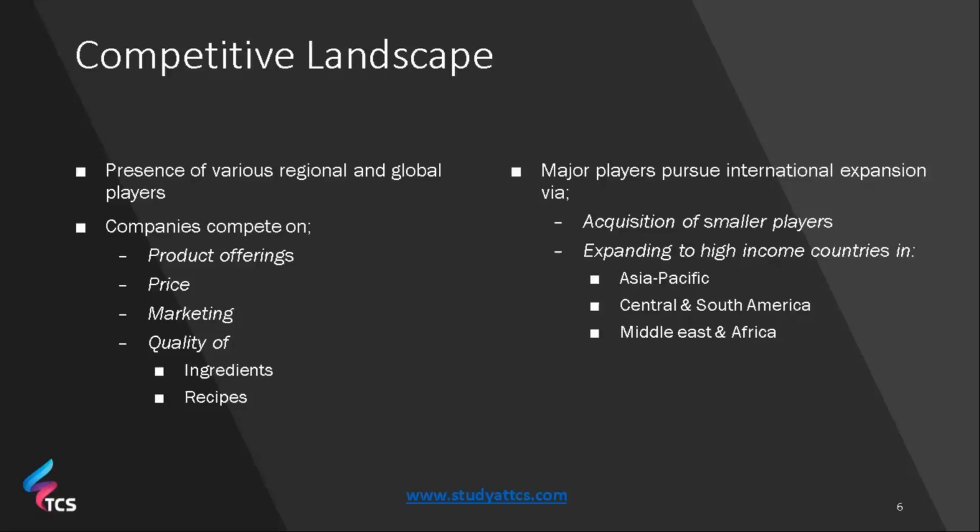So that's the type of international expansion which you can see in this industry. How would they expand internationally? Most of these companies have resorted to acquiring smaller players or expanding to high income countries in Asia Pacific, Central and South America, and Middle East and Africa. So this gives you an indication about the competitive landscape of the industry.